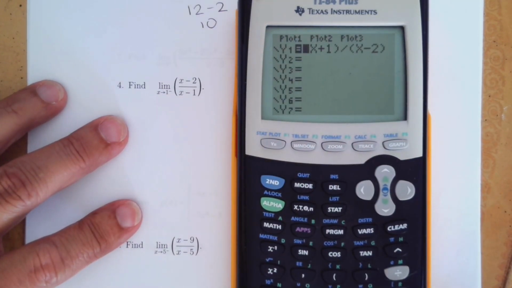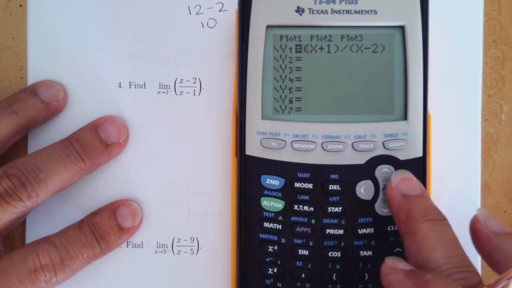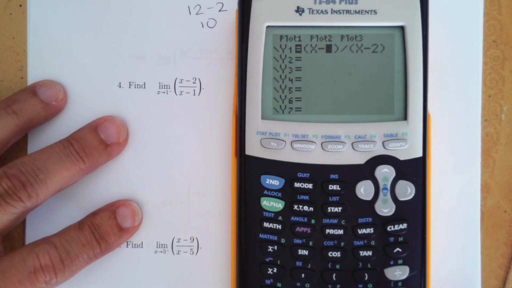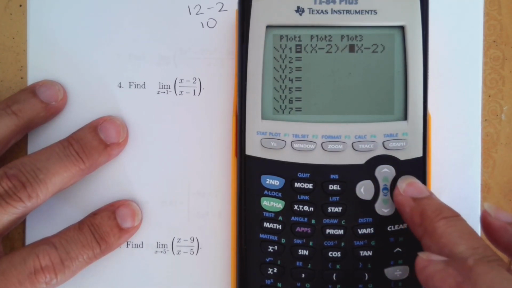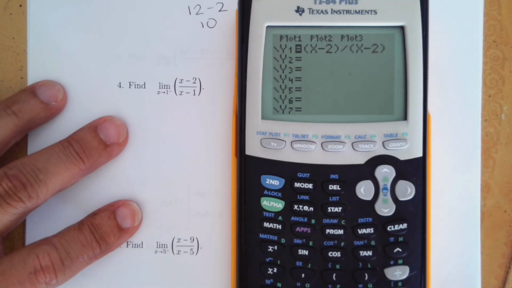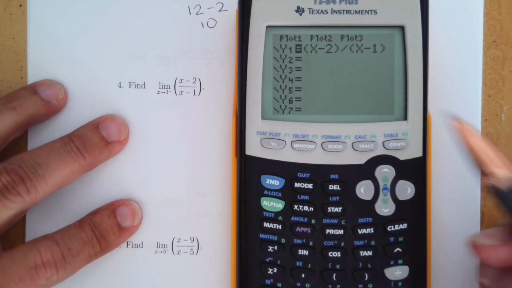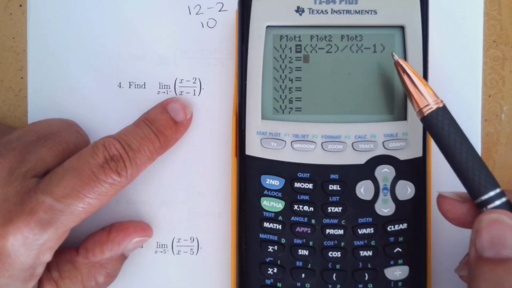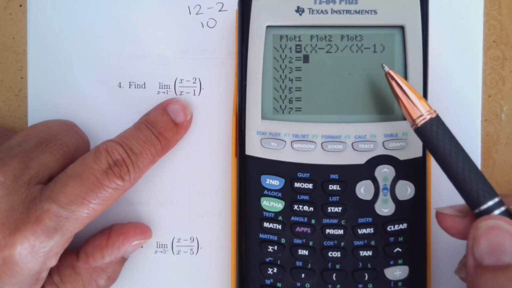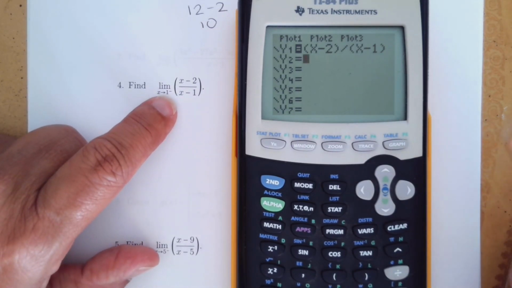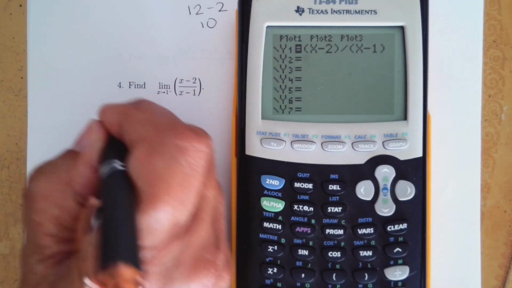Okay, so I'm going to go to y equals, and I got x minus 2, so I'm just going to use what I had, just change it a little bit, over x minus 1, and then I'm going to hit enter. So it just changed what I did earlier, so I just changed those numbers. Now I want to go from x from the left. Think about that.